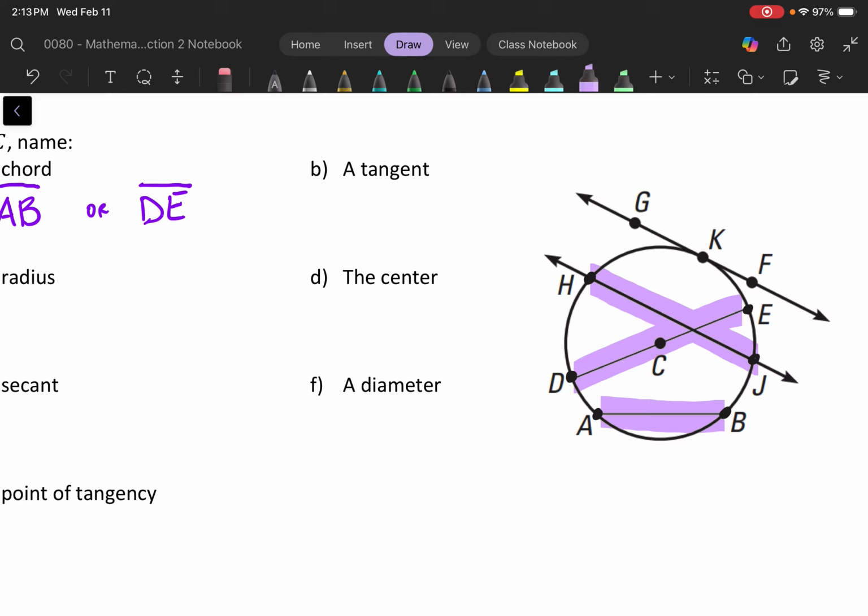And a chord is not a line, it's a line segment. But if I'm talking about line segment HJ, that means I'm only referring to the portion of the line that starts at H and ends at J. And H is the edge of a circle. And J is also the edge of a circle. And the line segment that connects two points on the edge of the circle is referred to as a chord.